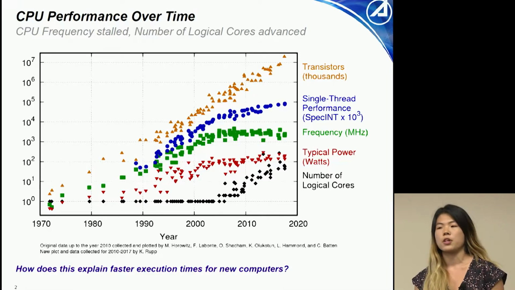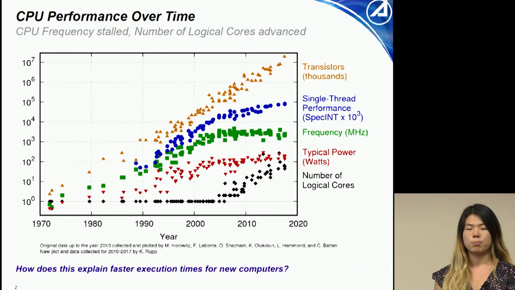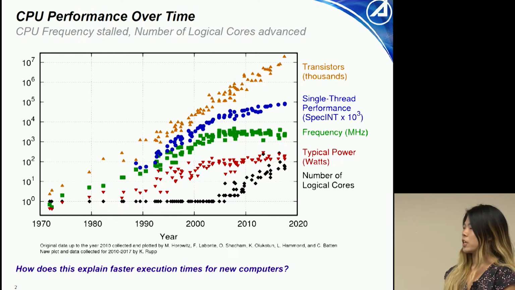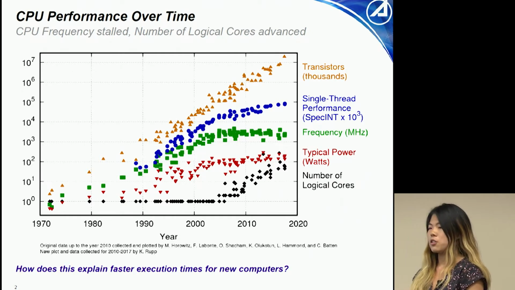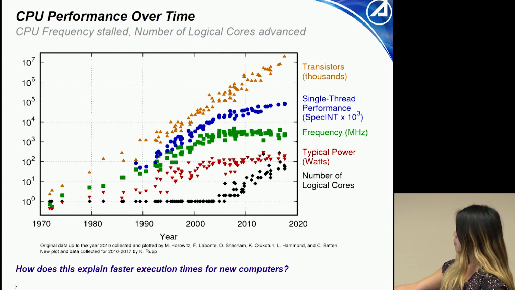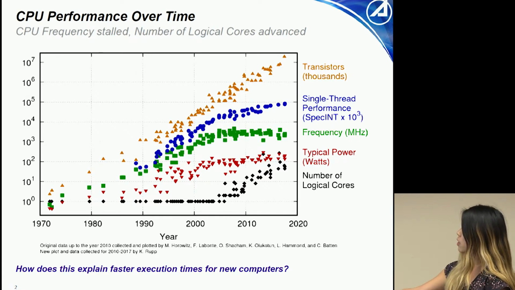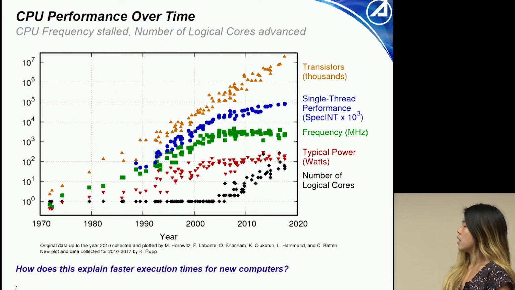So stepping back first, everyone knows that computers have been getting faster and faster over time. Every year they seem to be performing better. But what explains this trend? Well, if we look in this graph of processor metrics over the past 50 or so years, we can see that the frequency and power of processors has been getting faster and faster over time up until like the mid-2000s.